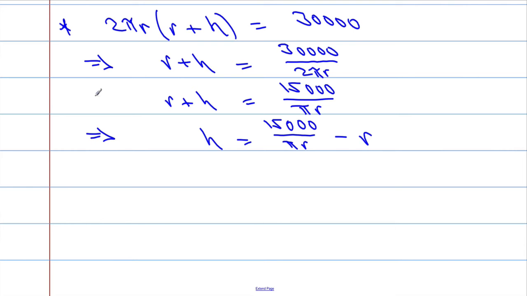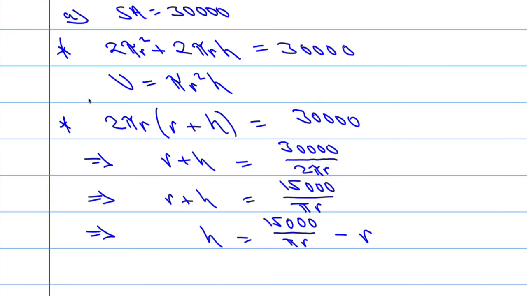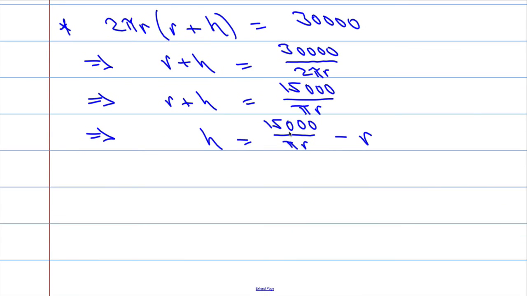Okay, now we have an expression for h. So we know what h is. We're going to put it into this formula here. So v equals pi r squared h.